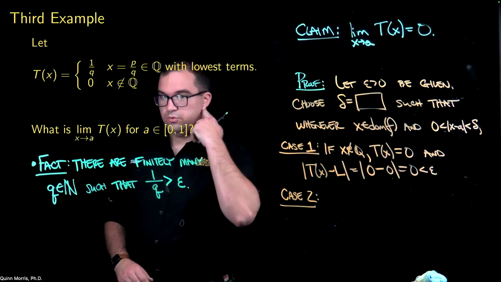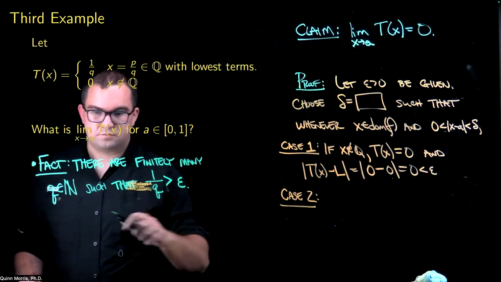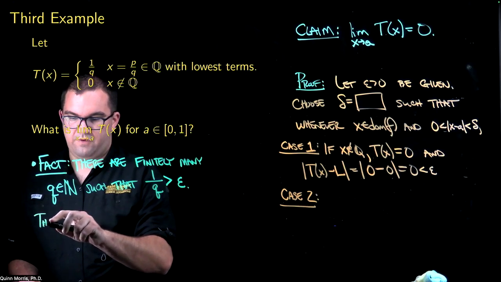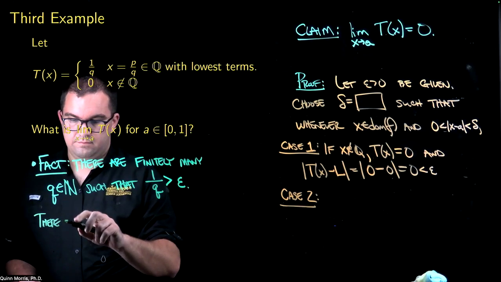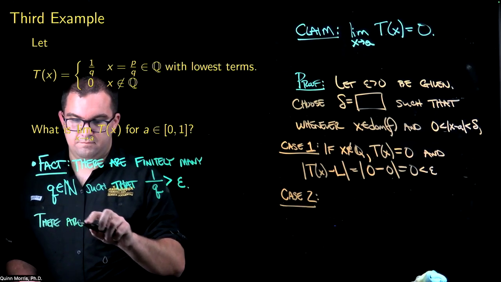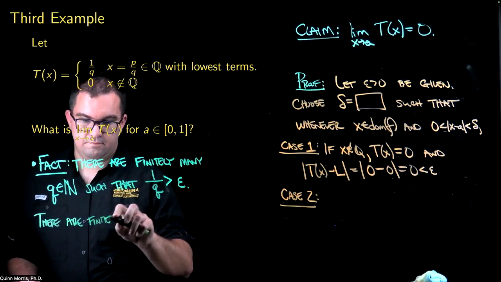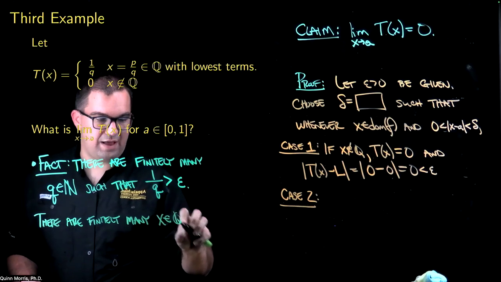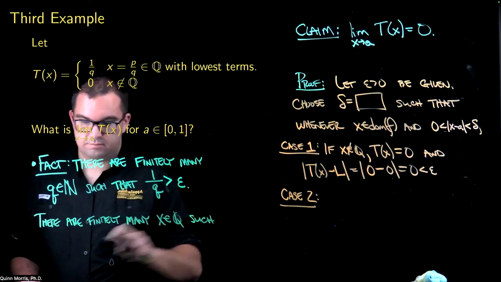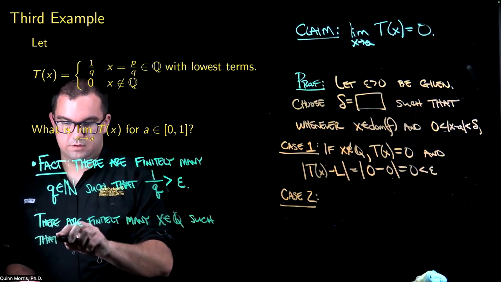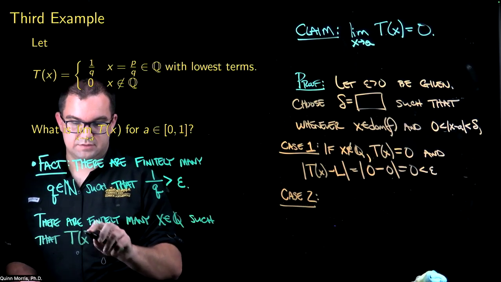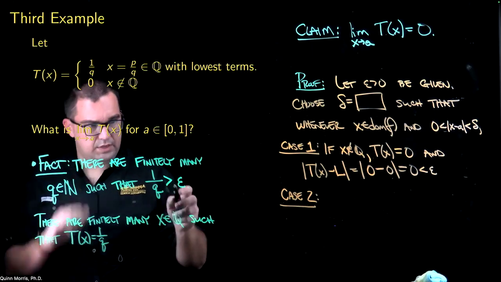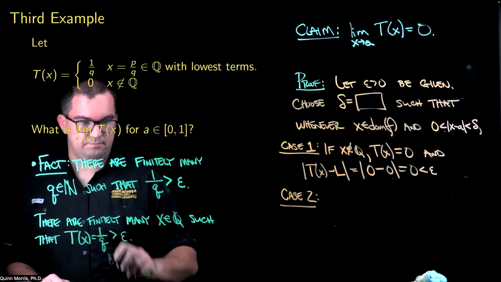So then there are finitely many rational x values such that t of x, which is equal to 1 over q, is greater than epsilon.